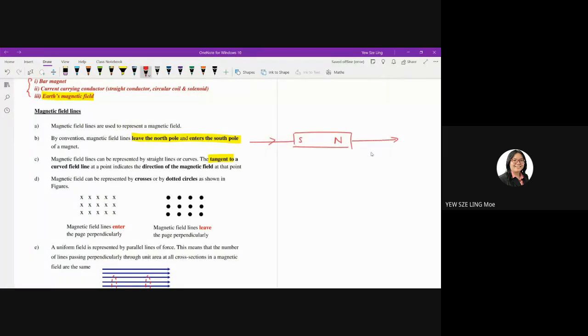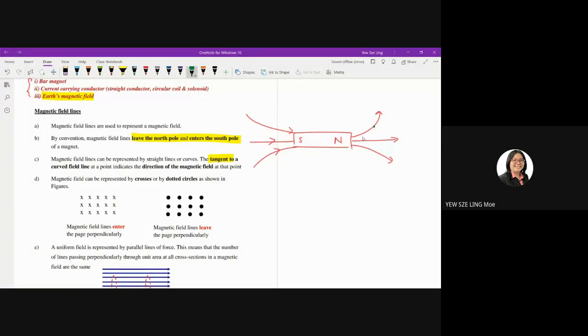If you have a straight line, it's very simple. Straight away, it represents the direction. But sometimes you won't have a straight line. You will have a curved line like this, curved line leaving, curved line entering. So how are we going to determine the direction at a certain position? Let's say you want to determine the direction at this position.